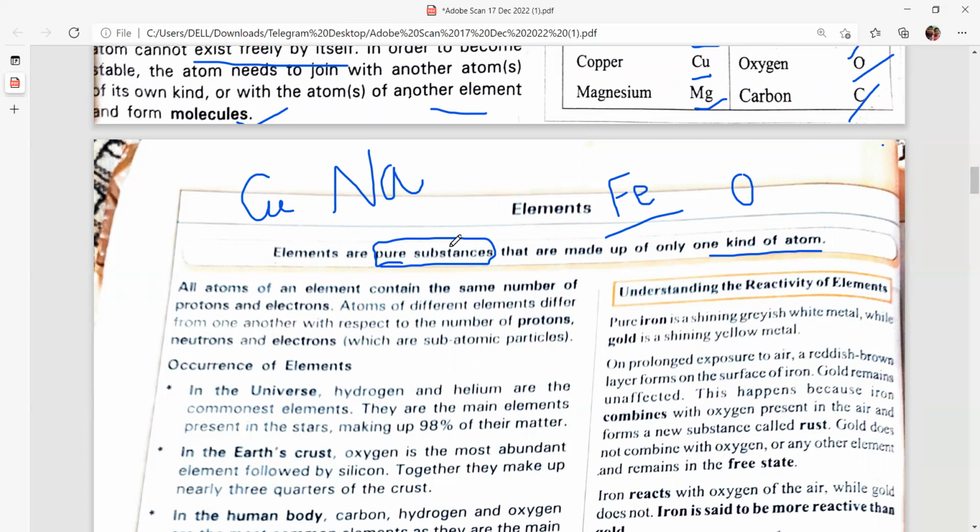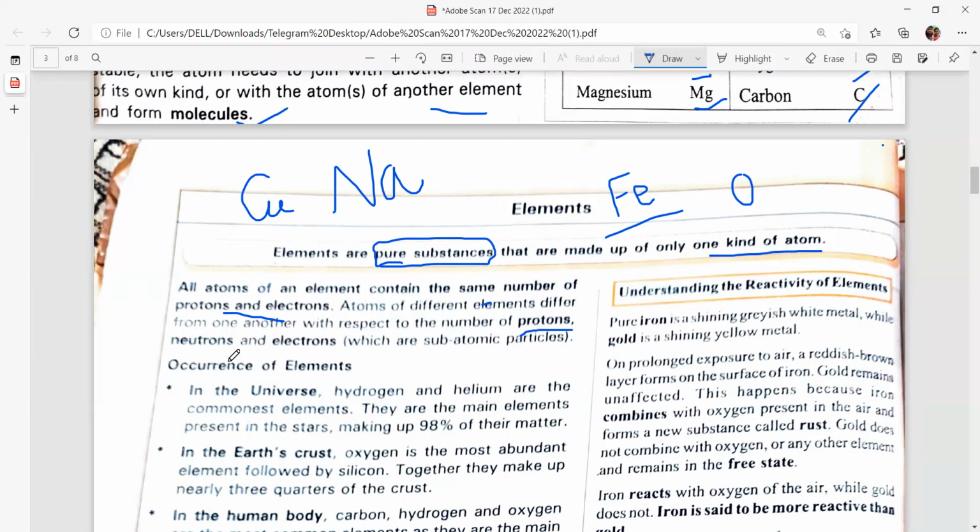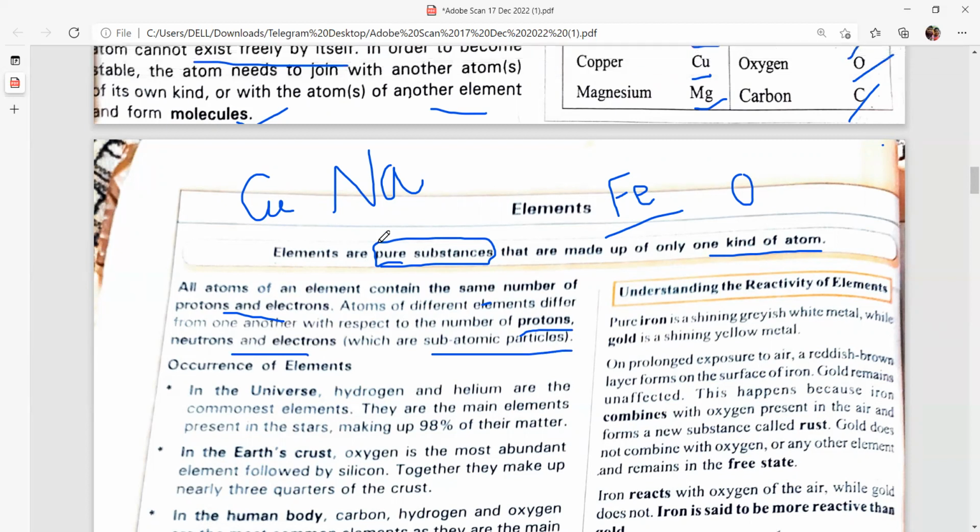All atoms of an element contain the same number of protons and electrons. Yes, the number of protons is equal to the number of electrons. And atoms of different elements differ from one another with respect to the number of protons, neutrons, and electrons, which are called subatomic particles. Suppose I consider two elements here.